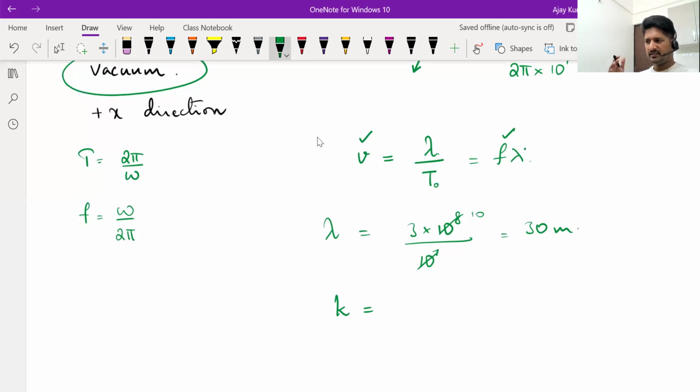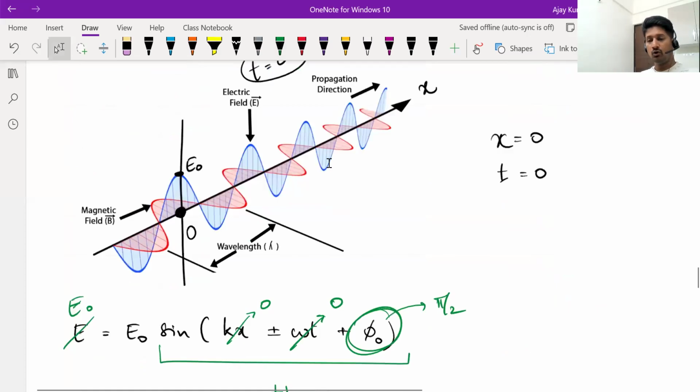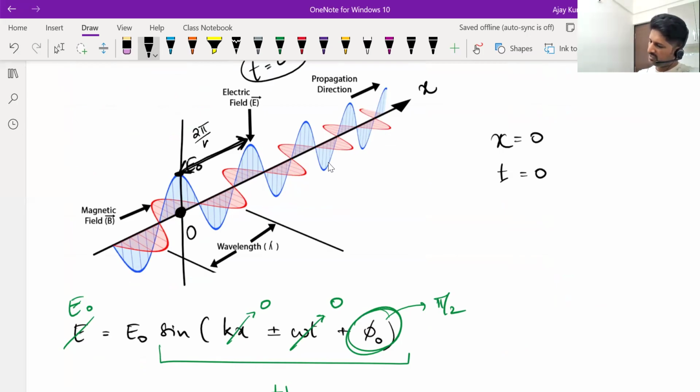See, you said K has something to do with period of repetition, right? Yes, sir. K or 2 pi by K is the distance of repetition. This distance is the distance after which the EM wave repeats. So 2 pi by K is the wavelength of the wave.